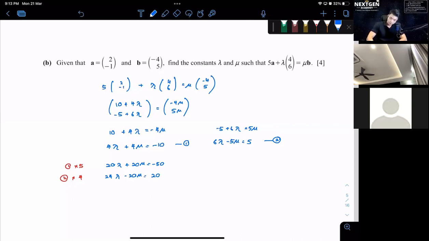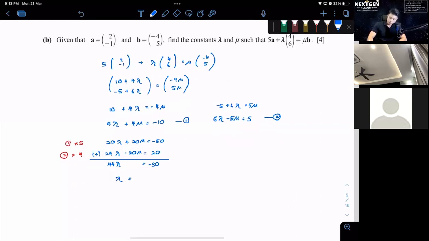Then we sum it up to eliminate the mu. And then we get 44 lambda equals to negative 30, which will give me lambda equals to negative 30 over 44. I can simplify it, which is negative 15 over 22. So this will be my first answer.